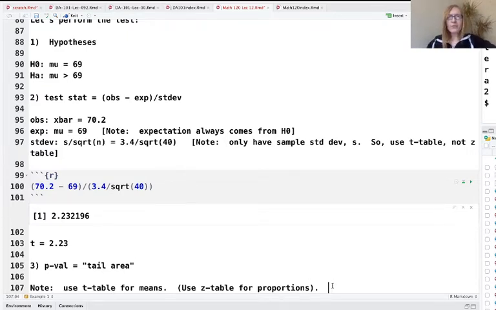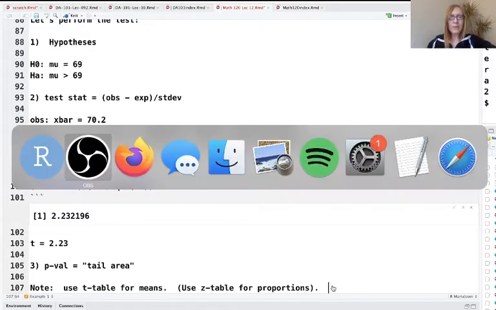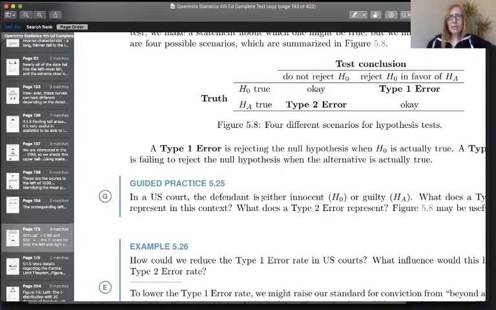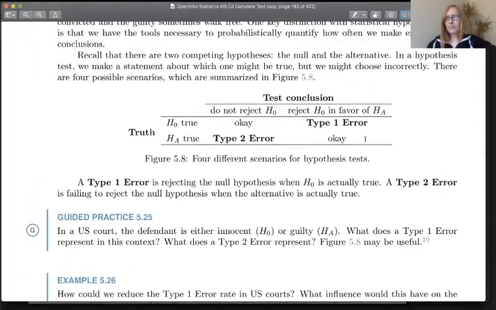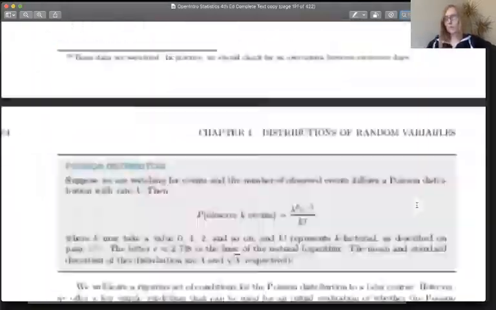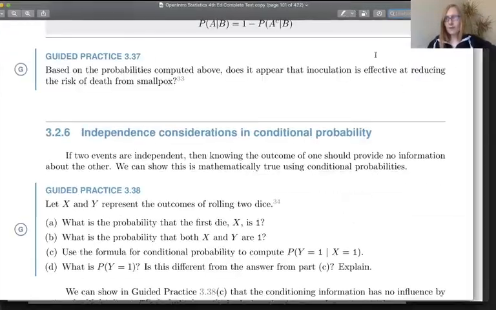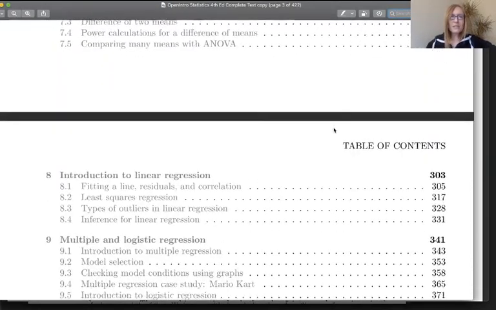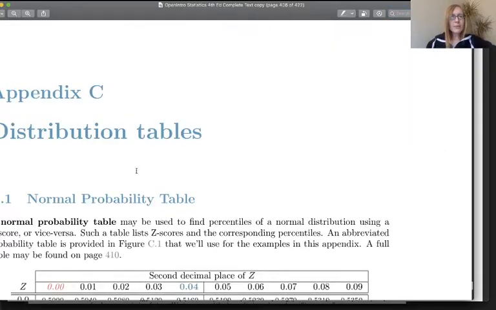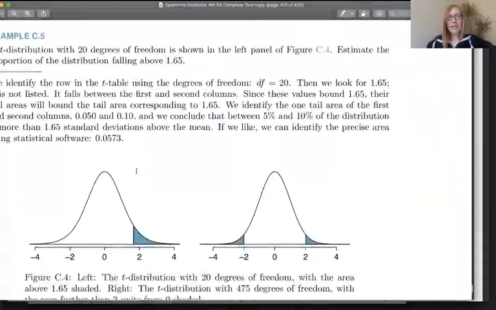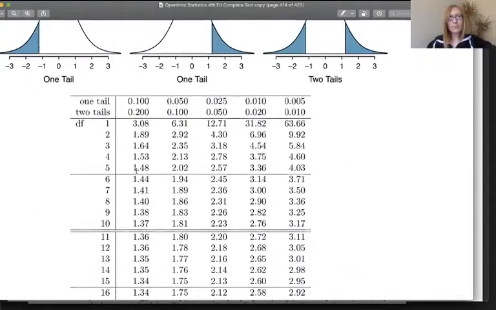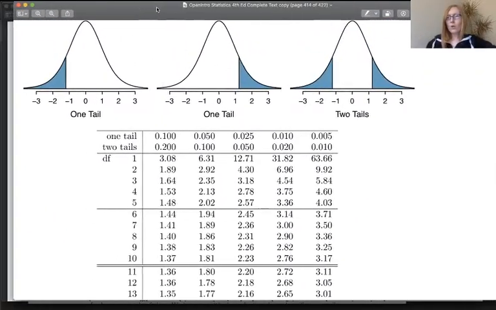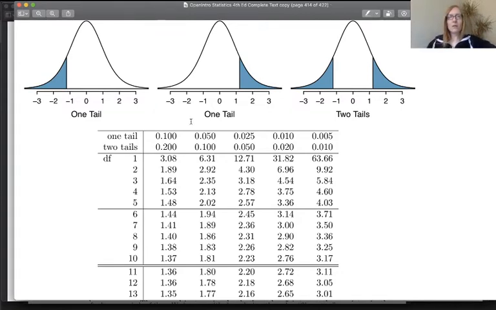I'm going to come over to the t-table now. One thing I'm going to remind you guys, here's our book. Table of contents, distribution tables, and here is the t-table. Remember that the t-distribution depends on degrees of freedom.